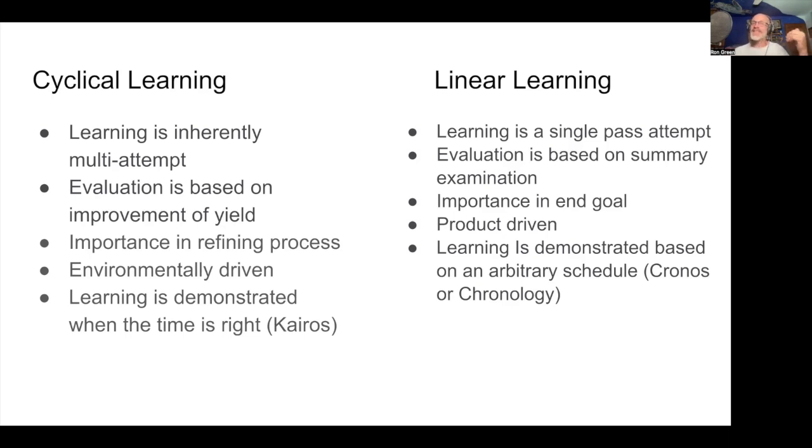Lastly, in cyclical learning, learning is demonstrated when the time is right. So we call this kairos. For example, a baby does not typically start to walk when they are 6 months old, right? There's a window of time.